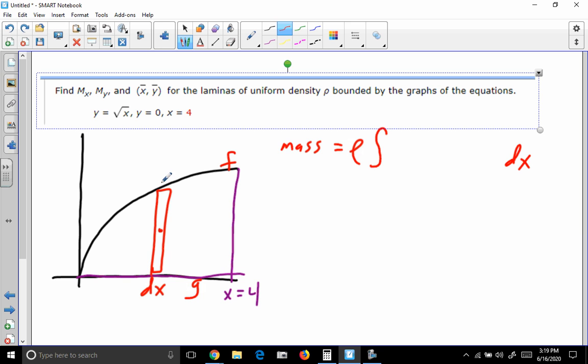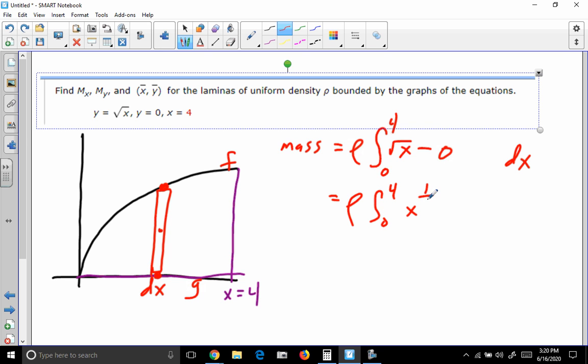So it's the top F, which is the square root of x, minus the bottom, well, the bottom is always at 0. And we're going from left to right, so from 0 to 4. We're not told specifically for this one what the density is. We may or may not have to know that. We'll see that in just a little bit.